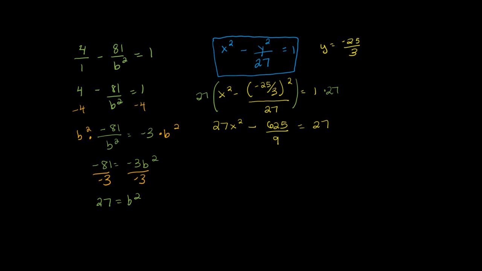And if you want to avoid fractions, we can multiply both sides by 9 to get rid of that fraction. So 9 times 27, we get 243x squared minus 625 equals 243.